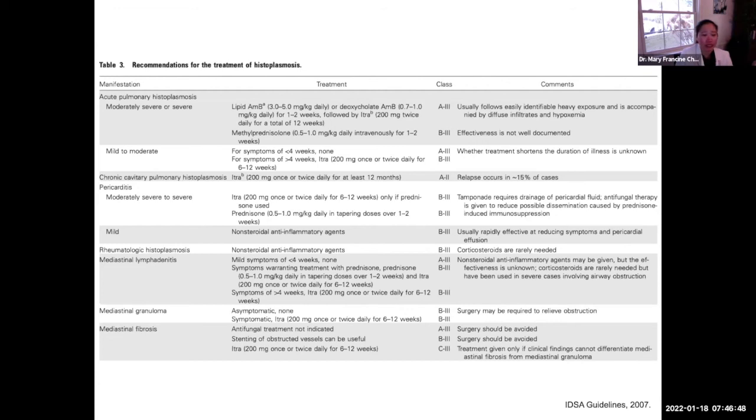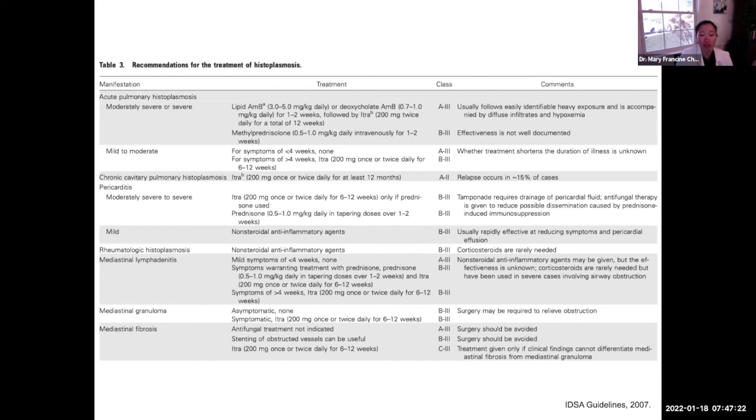For pericarditis that's moderately severe to severe, you can treat with itraconazole only if prednisone is used. You can use that for 6 to 12 weeks with prednisone in tapering doses over 1 to 2 weeks. And if there is tamponade that necessitates drainage of your pericardial fluid, antifungal therapy really is given only to reduce the possible dissemination caused by your prednisone-induced immunosuppression.